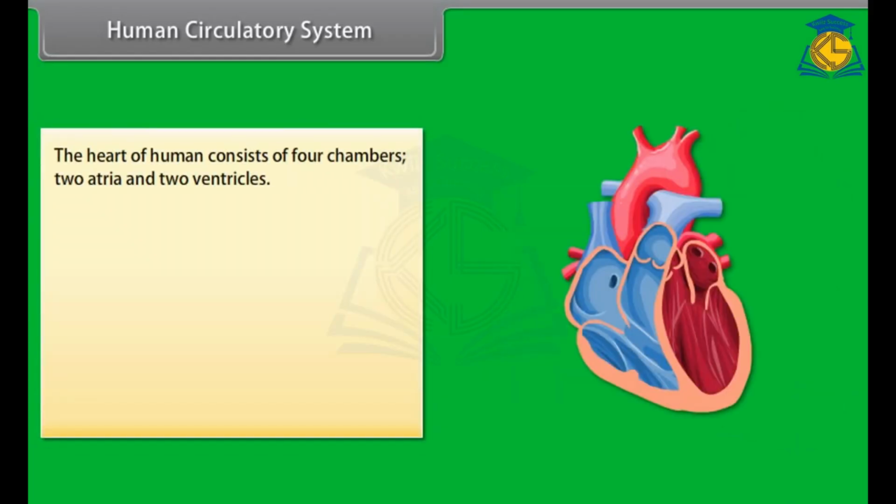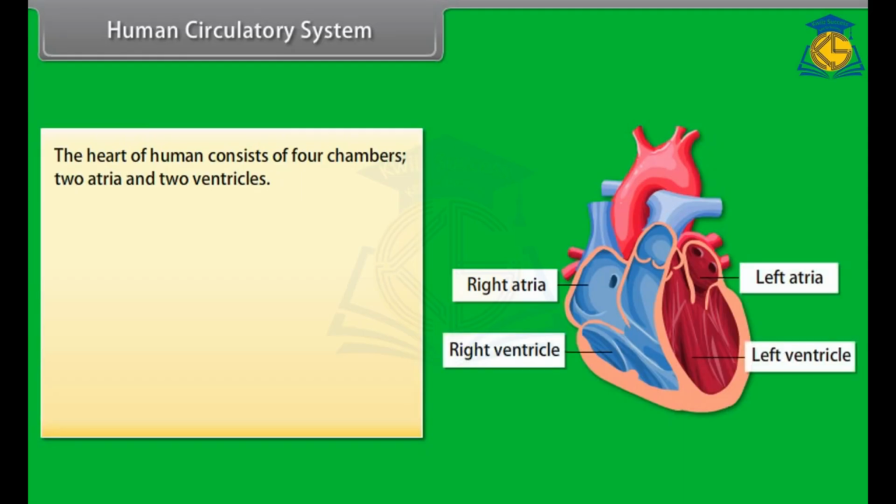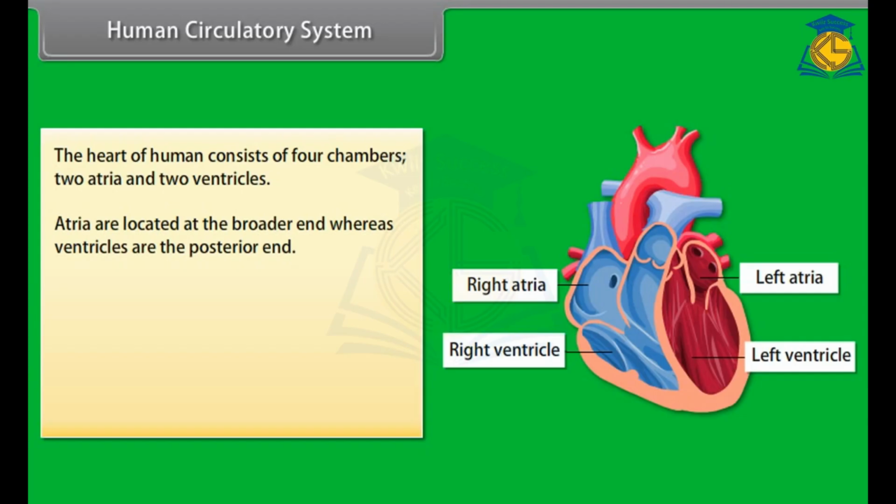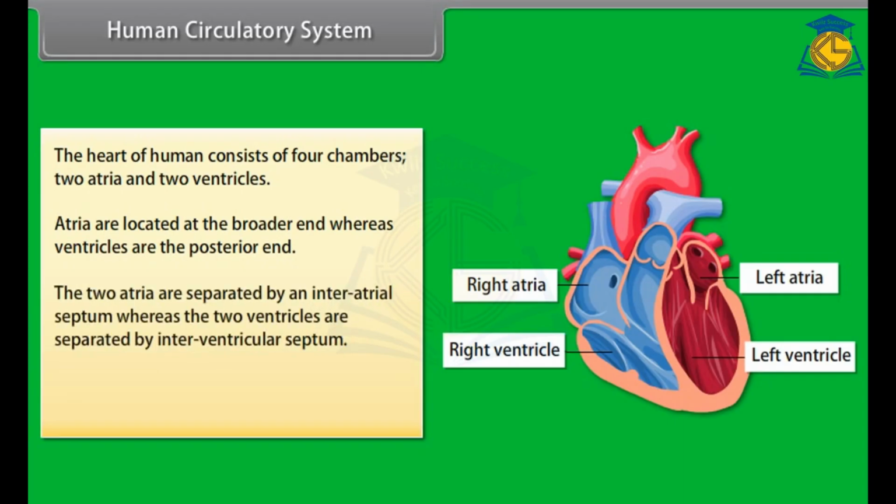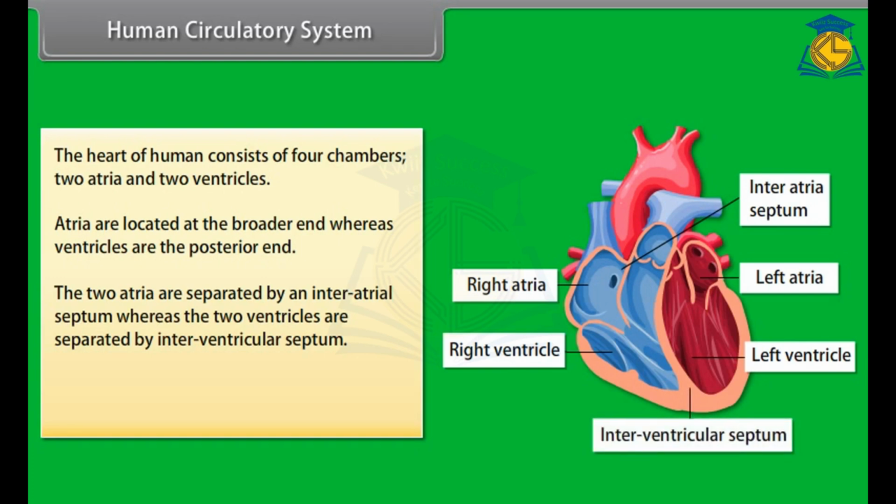The heart of human consists of 4 chambers, 2 atria and 2 ventricles. Atria are located at the broader end, whereas ventricles are at the posterior end. The 2 atria are separated by an interatrial septum, whereas the 2 ventricles are separated by an interventricular septum.